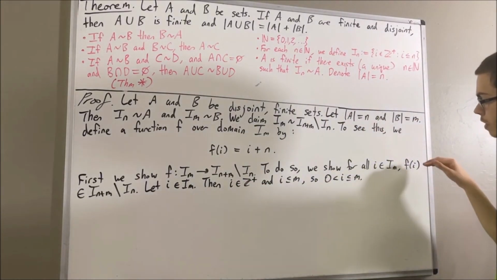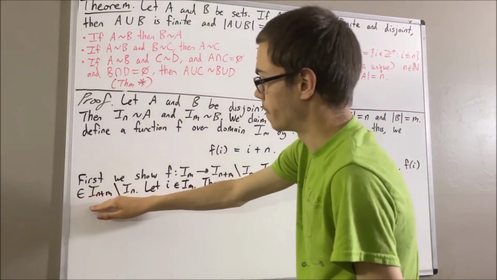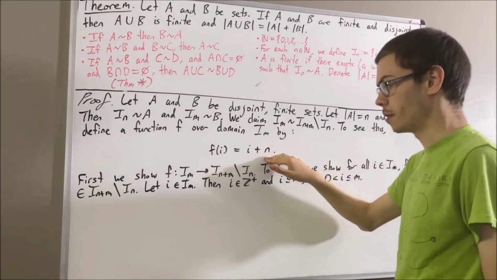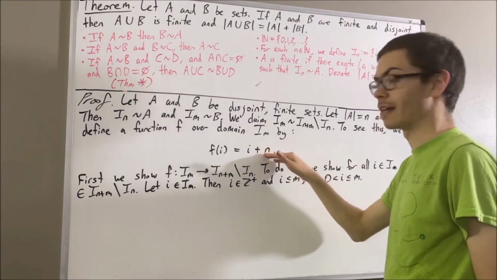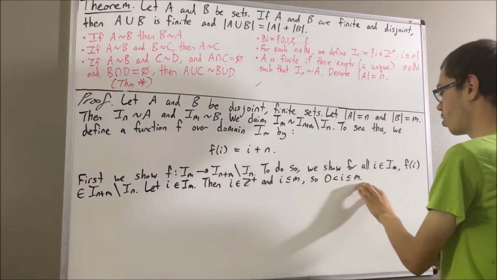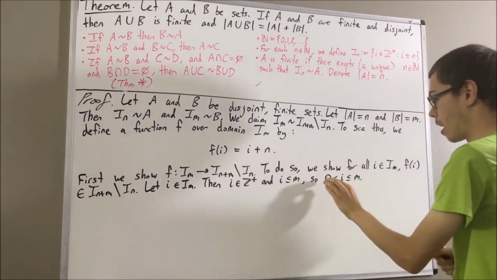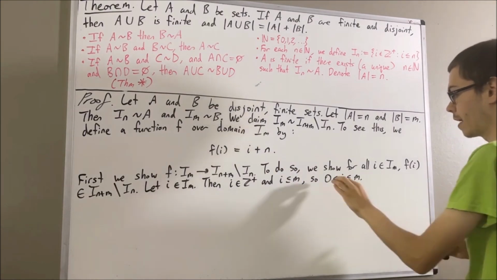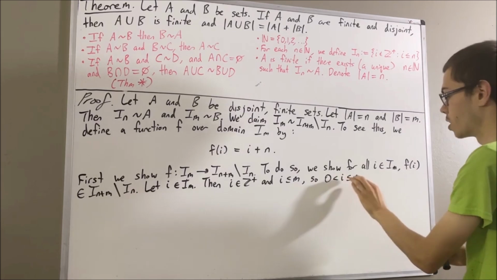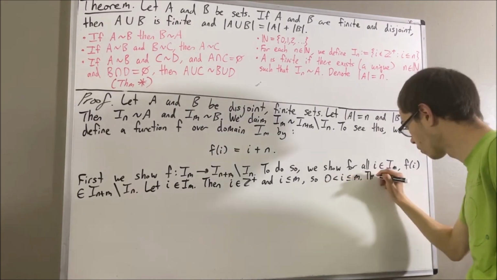And we're trying to show that f of I is an element of this set. And f of I is equal to I plus n. So we should try to bring I plus n into the picture. We can do that if we just take this inequality and add n to all parts of it. So if we add n to all parts, we get that n is less than I plus n, which is less than or equal to n plus n.